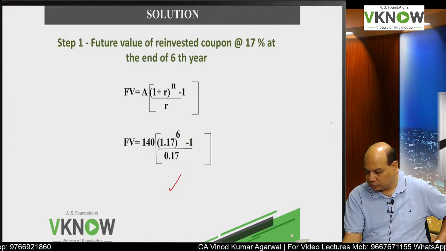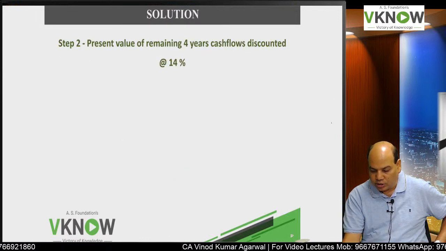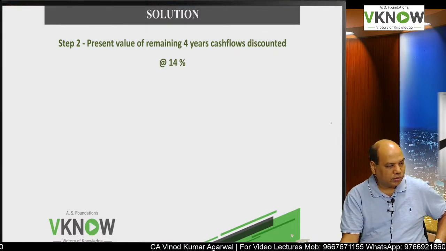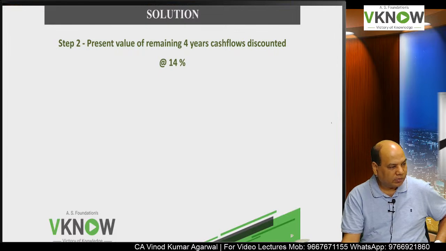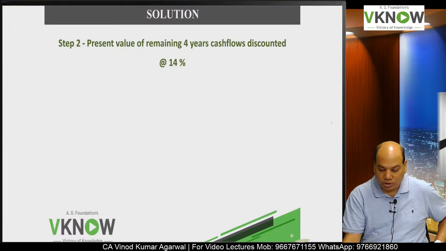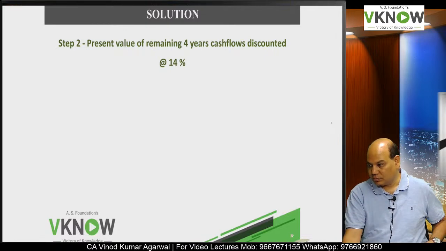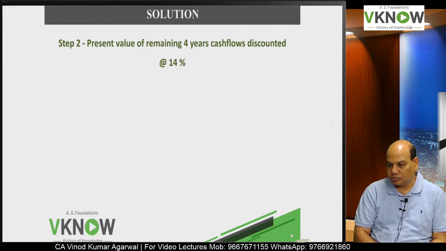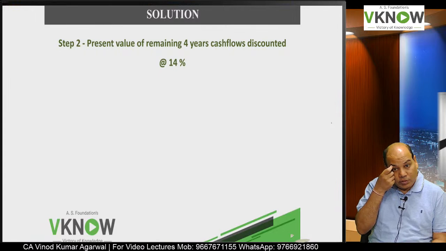So write step number 2: present value of remaining 4 years cash flow discounted at 14%.